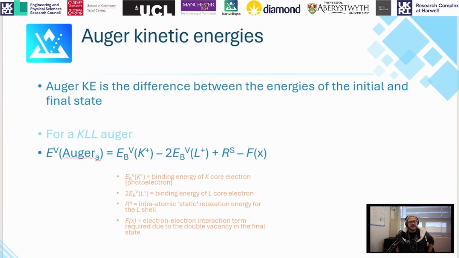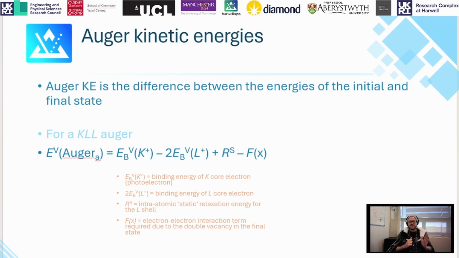So E, again, all relative to the vacuum level of the Auger from an isolated atom A, is equal to the binding energy of this K+ state. So we're looking at a KLL Auger here. So the binding energy relative to the vacuum of this K+, as we were talking earlier about Z+, minus 2 times the binding energy relative to the vacuum of L+.